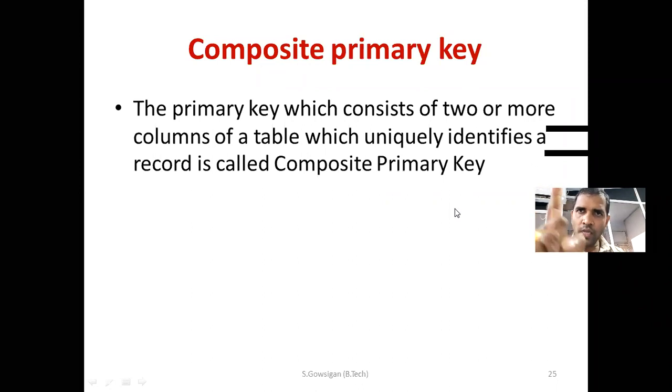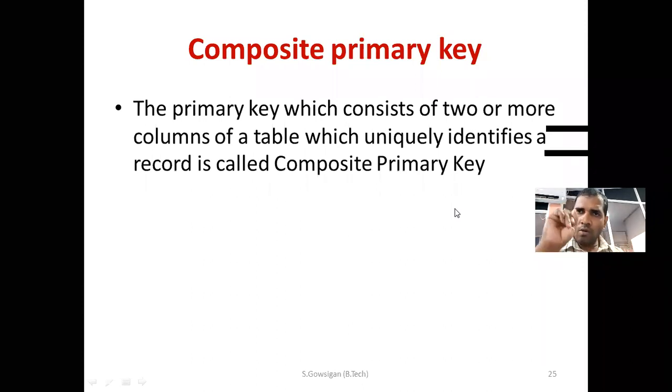Primary key is a field used to identify every record uniquely. But here in composite primary key, I'm using the plural, two or more fields. The two fields or more than two fields, which are able to identify the records uniquely, are called composite primary keys. Have you understood?